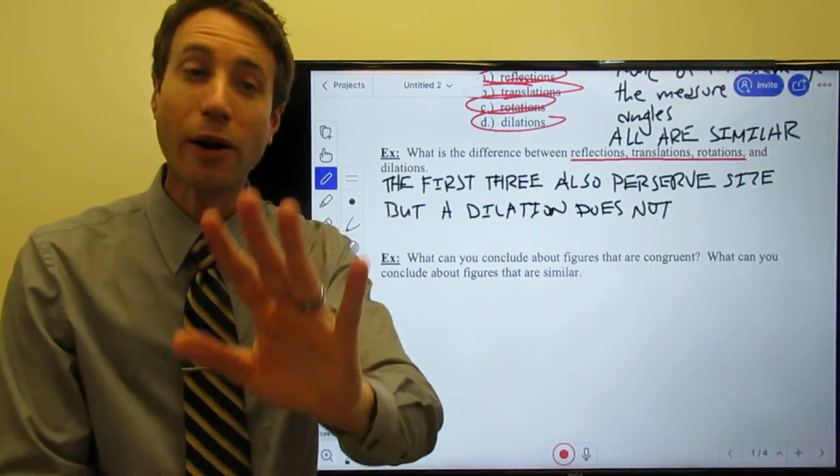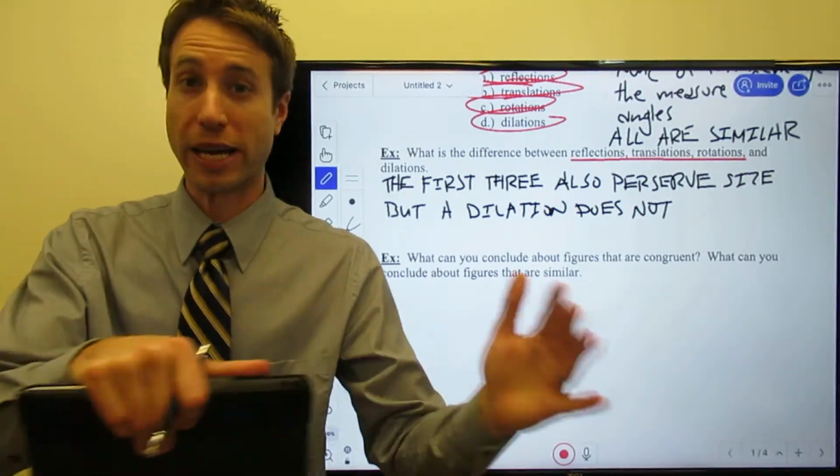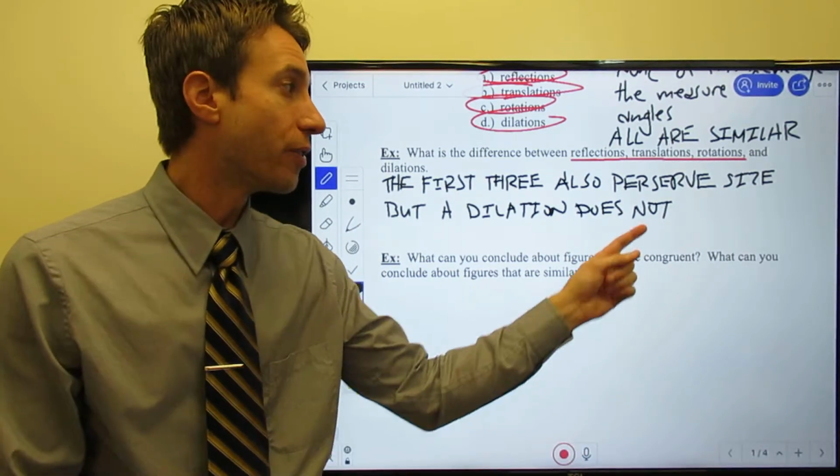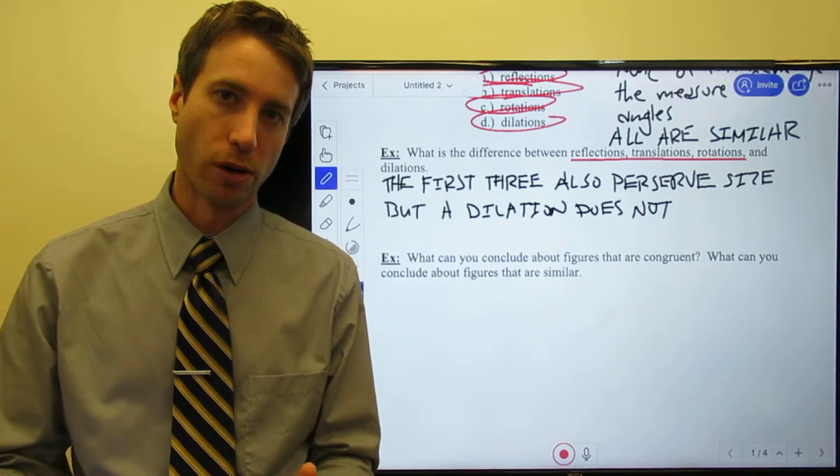So that's the difference. Yes, all of them are similarity transformations. All of them are similar. You keep the same shape. They don't all preserve size, right? Dilation will change the size, make it bigger or smaller.